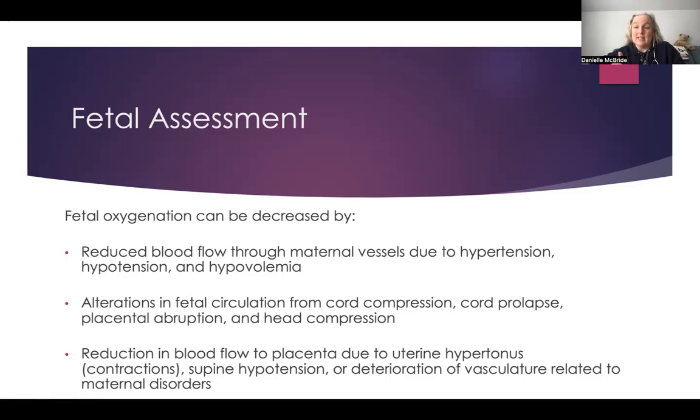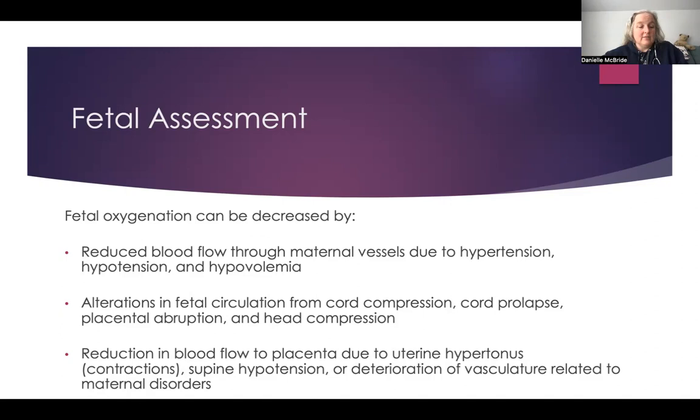As we have already said today, whenever the uterus is contracted, there's no blood flow going to the placenta during that time, or it's greatly minimized. And so there's decreased oxygenated blood coming to baby if our contractions are too close together or lasting too long. We call that either tachysystole or uterine hypertonus: we have too much tone or too many contractions.